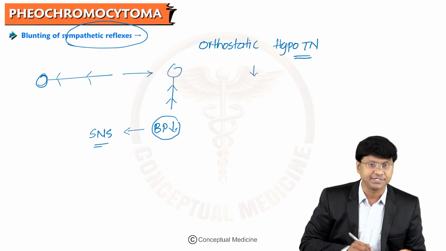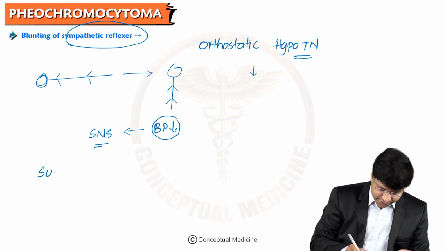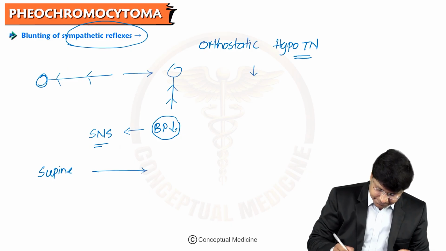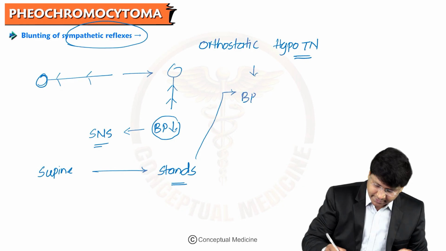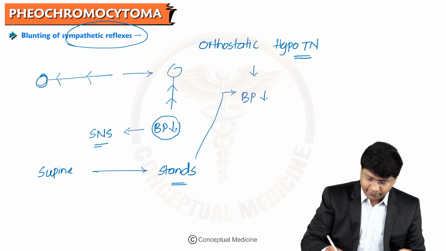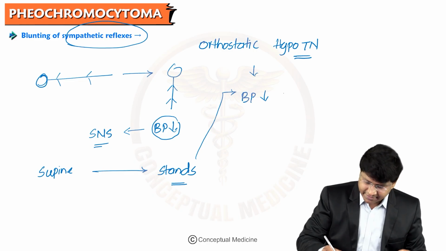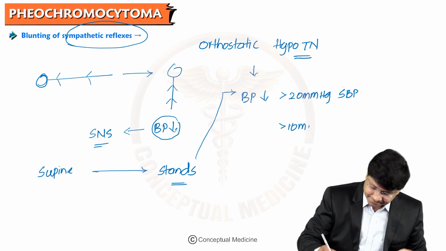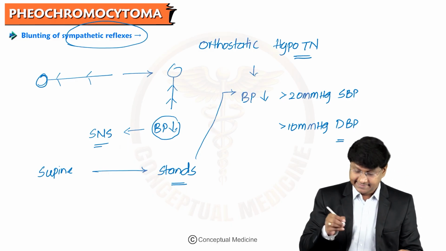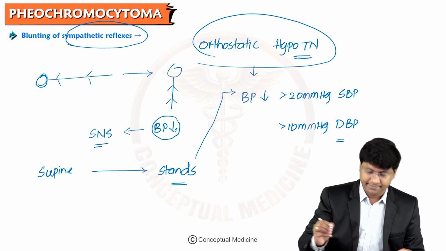So, orthostatic hypotension is that the individual from supine position, whenever he stands, the blood pressure falls down. And what is the fall in the blood pressure whenever he stands? If the blood pressure falls more than 20 millimeters of mercury systolic, or more than 10 millimeters of mercury diastolic, that is when we use the word orthostatic hypotension.